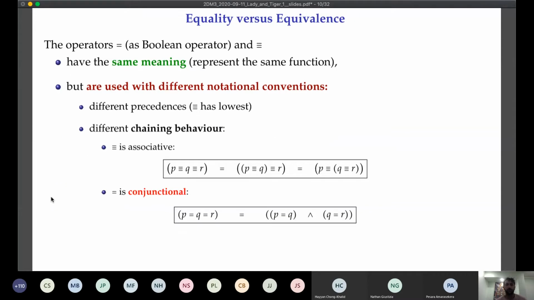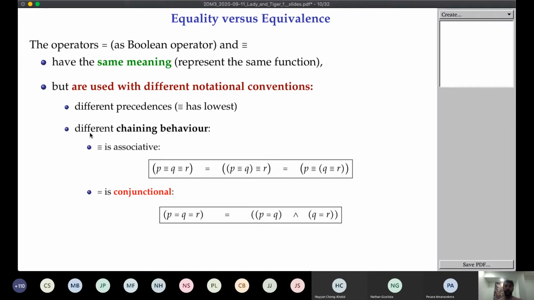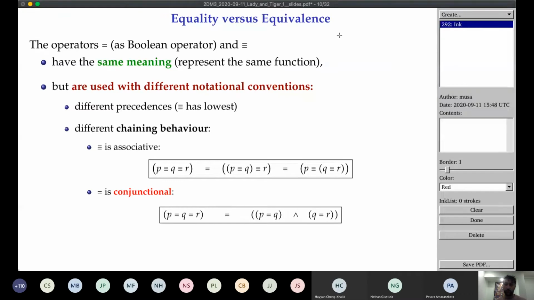As I mentioned before, triple line equality, equivales or equivalence. Sometimes for you math people in particular, some of you unfortunately will also see it called if and only if. And that's a really unfortunate way to think about it.